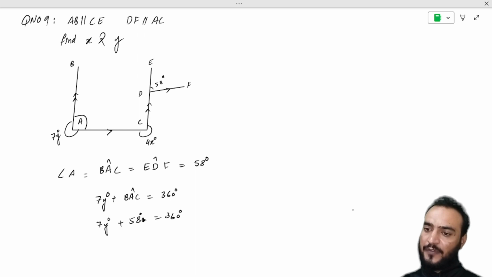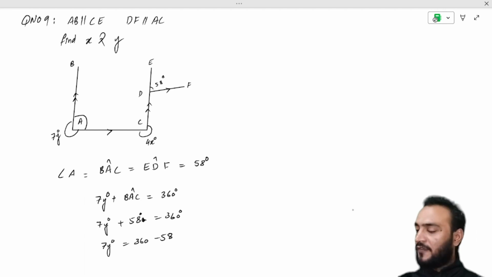We will subtract 58 from 360 degrees. So we get 7y degrees equals 360 minus 58. 360 minus 58 is equal to 302 degrees. So it's very easy. 7y equals 302 degrees.